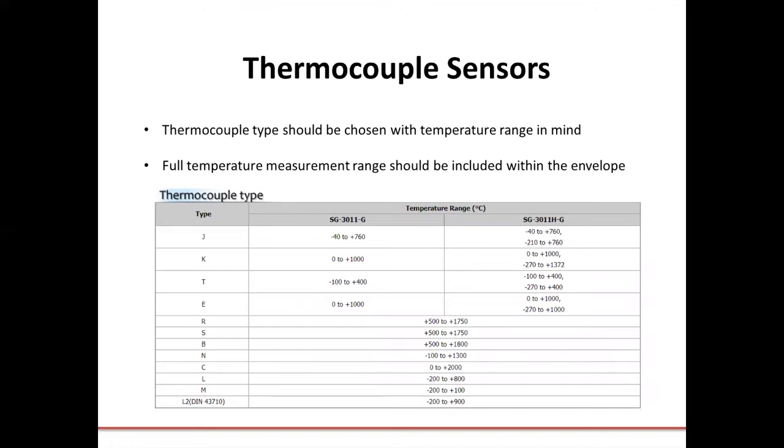It's best to choose the one with the closest range within the envelope that you choose. So for instance, if you're doing, say, 0 to 150 degrees, T-type would be a good choice because it minimizes the excess, and you'll get the best resolution possible within those temperature ranges.